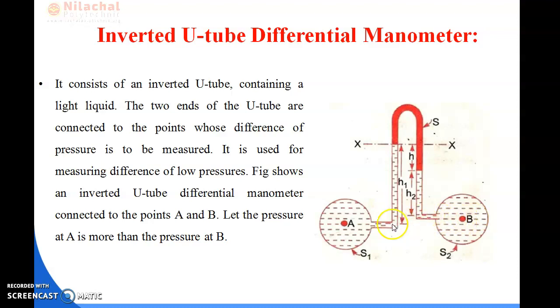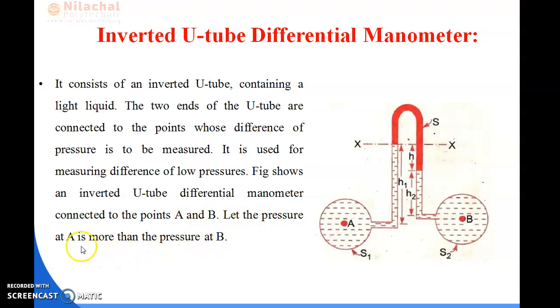That's why the two ends of the U-tube are connected to the two pipes. It is used for measuring low pressure. As the figure shows, the inverted U-tube differential manometer connects the two points A and B.